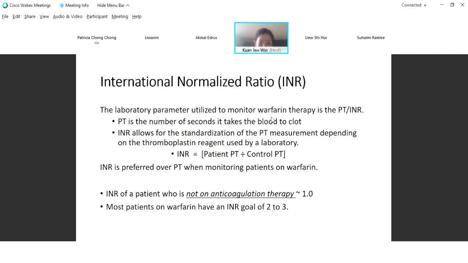So INR is preferred over PT when monitoring patients on warfarin. Usually, a normal person who is not on anticoagulation therapy has an INR of one, and most patients on warfarin therapy have an INR goal between 2 to 3. Correct.